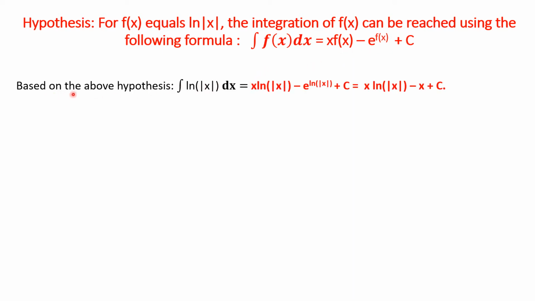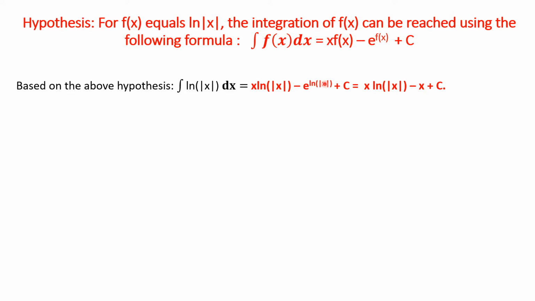Based on the above hypothesis, integration of ln of the absolute value of x dx should be equal to x ln absolute value of x minus e raised to the power ln absolute value of x plus constant. And this is equal to x ln absolute value of x minus x plus c, where x equals e to the ln of absolute value of x.